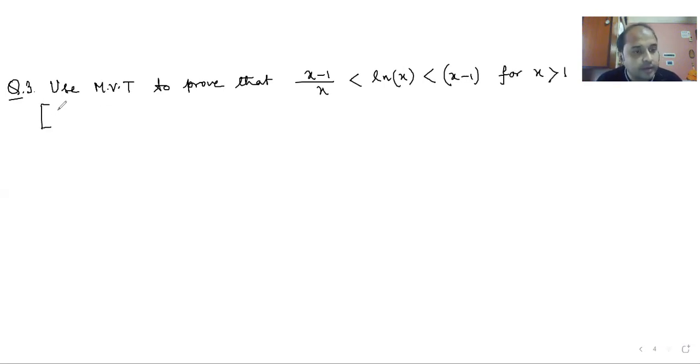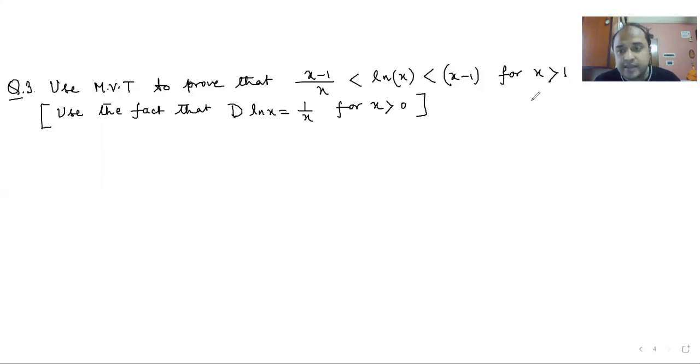You can see in the exercise it is mentioned that use the fact that d of ln x equals 1 by x for x greater than 0. Here d is an operator, d dx, which is a linear operator.